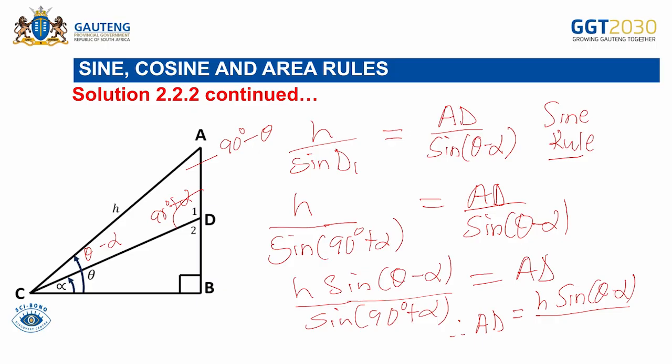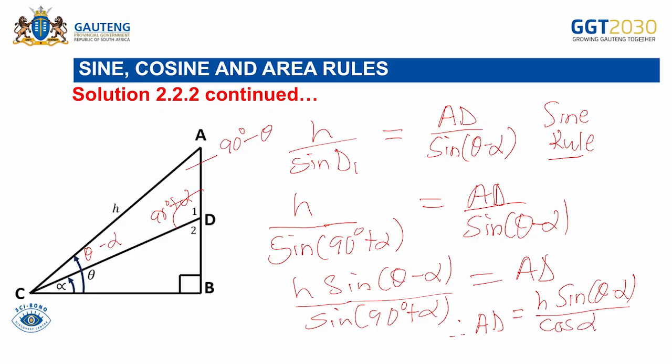How can we convert sine of 90 plus alpha using cofunctions? In which quadrant is 90 degrees plus alpha? We need to reduce that using cofunctions. The moment I see 90 degrees plus or minus theta, I think of cofunctions. So this can be converted to cos of alpha.